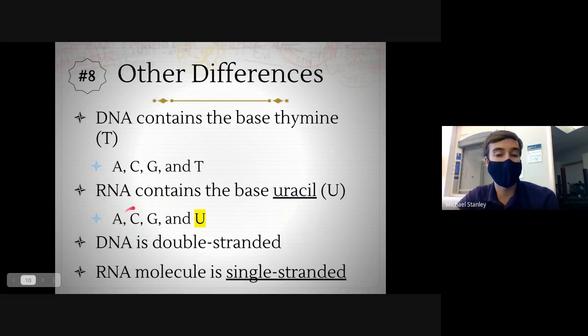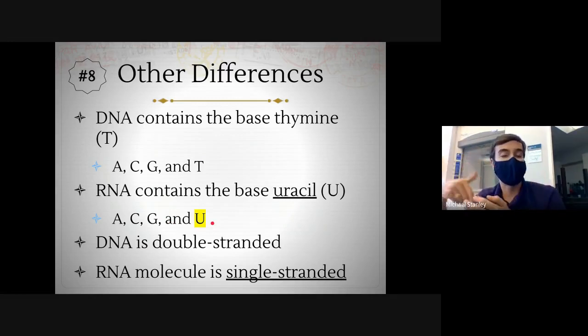RNA is made out of ACG and U. So this is going to be really, really important when we talk about making the RNA strands and matching it with the DNA. Whenever you're making a string of RNA, there are no T's in RNA. Instead, where a T would go, we swap it out with a U.